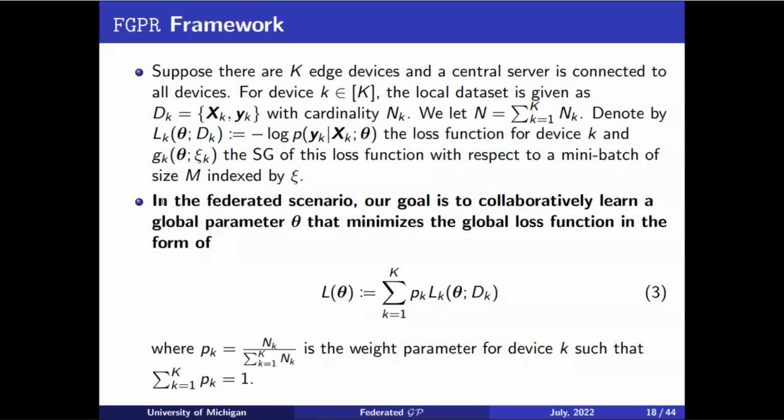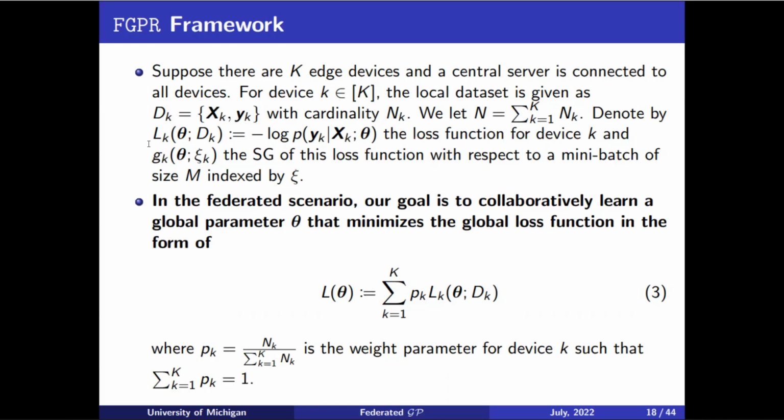Now let me present the federated treatment of the Gaussian process. Let's suppose there are K edge devices, and there's a central server that is connected to all the devices. For device k, the data set is given as D_k, which contains the input matrix X_k and the output y_k. And we assume there are n_k observations on each device k.